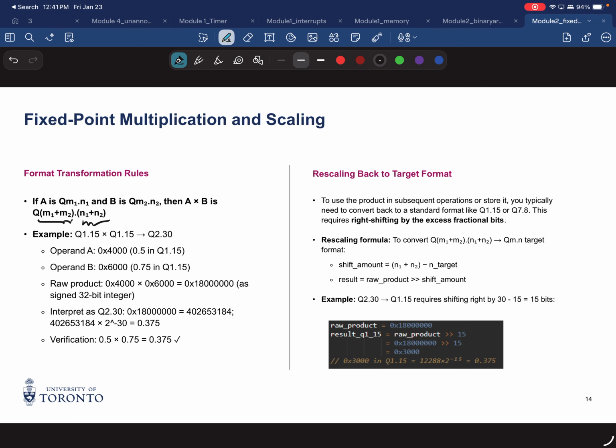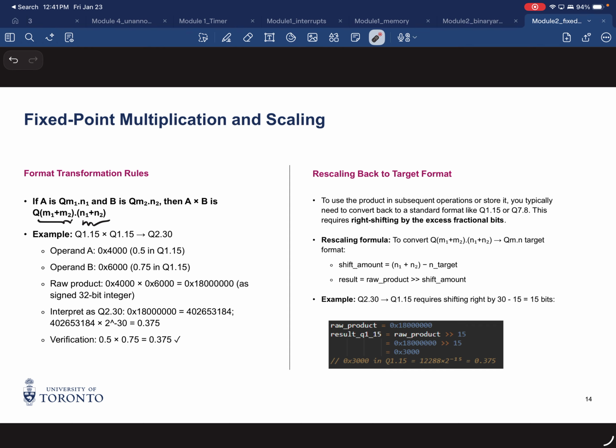For example, if you multiply Q1.15 by Q1.15, the result is going to be Q2.30. And if you interpret that as Q2.30, you would get the right answer.